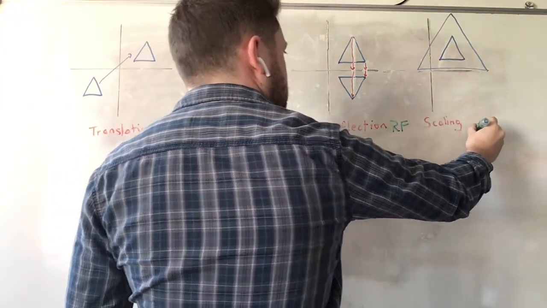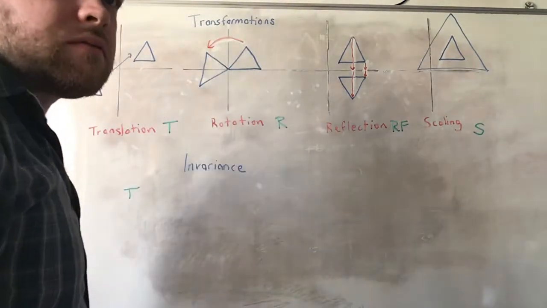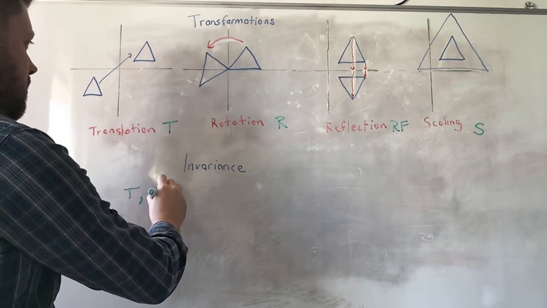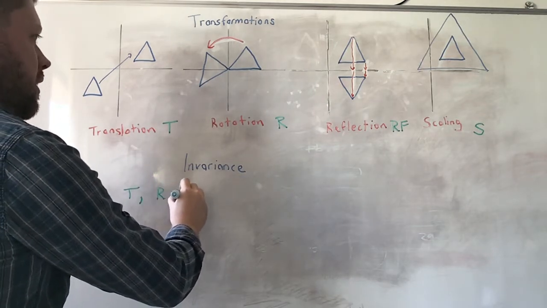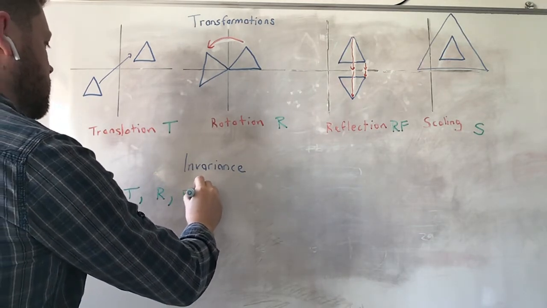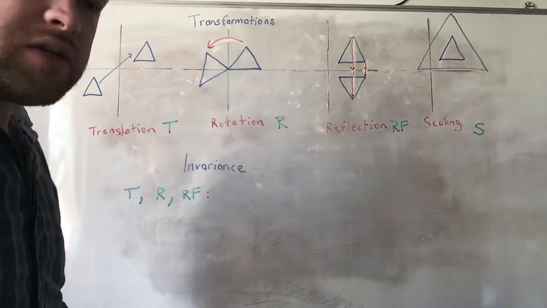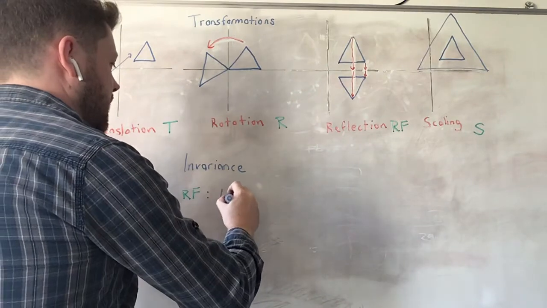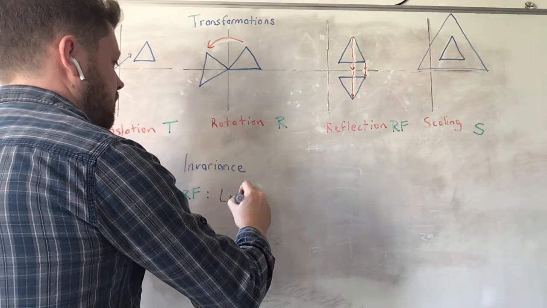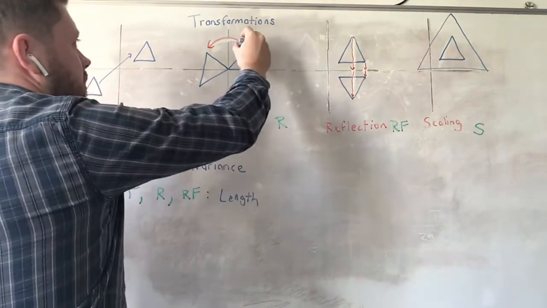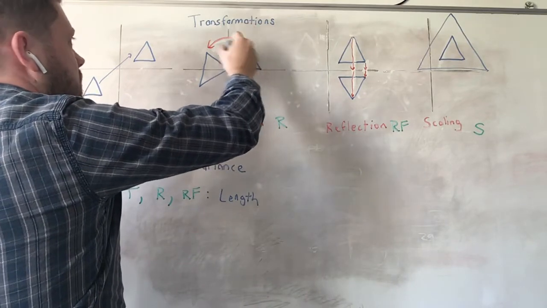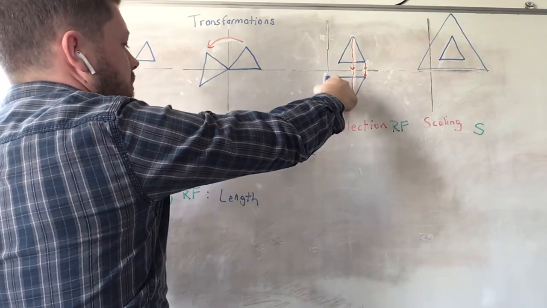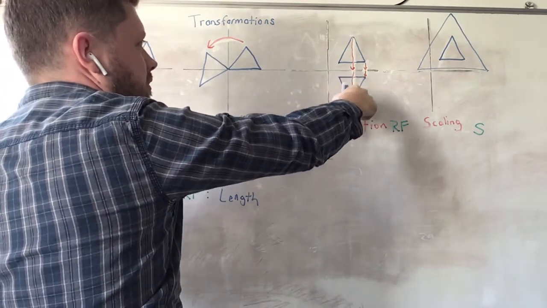And scaling will give the symbol S. The translation transformation, the rotation transformation, and the reflection transformation preserve the length of the sides of the triangle. Under each of these transformations, not one of the side lengths is altered.